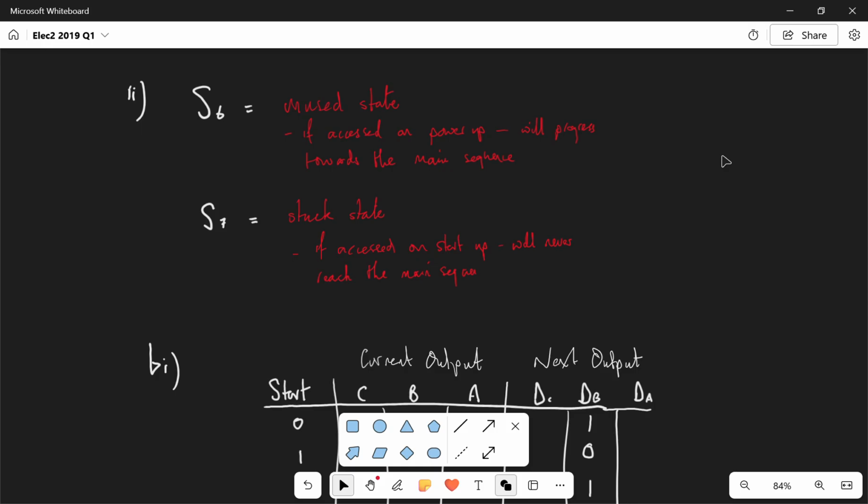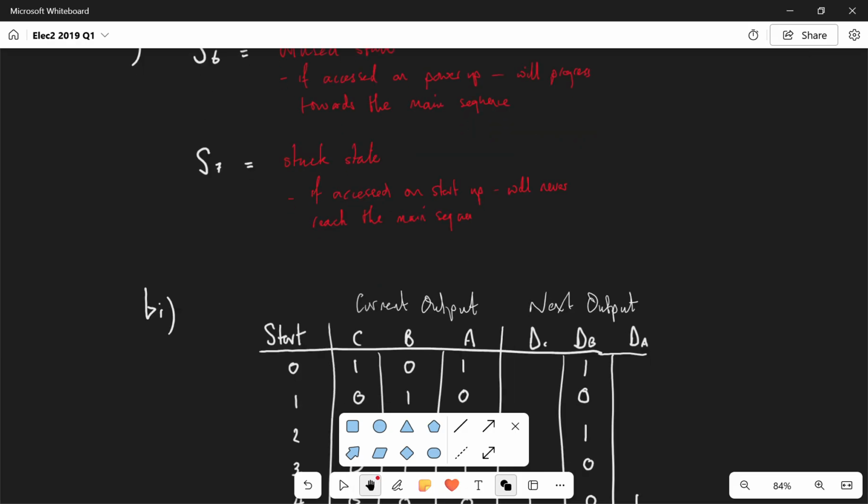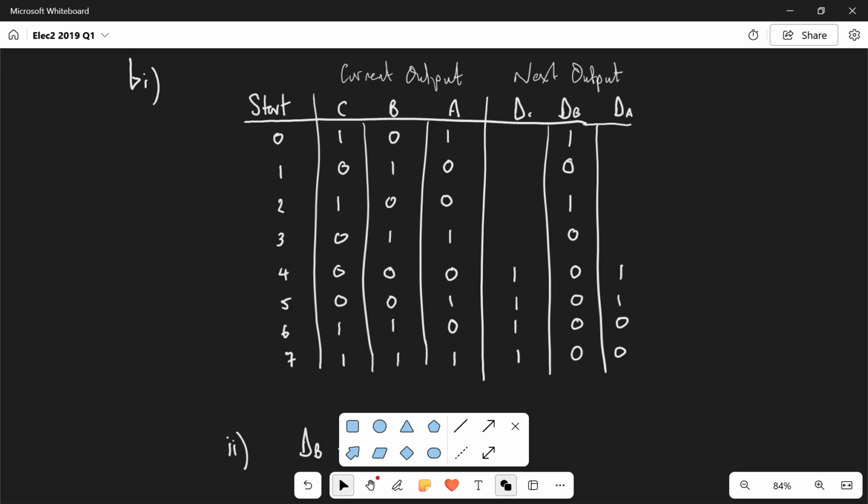Okay, B part 1. Part of the truth table for a different sequence generator is given below. We've got a fair few gaps for DC and DA, but we need to remember how these truth tables work: the next output becomes the new current output.